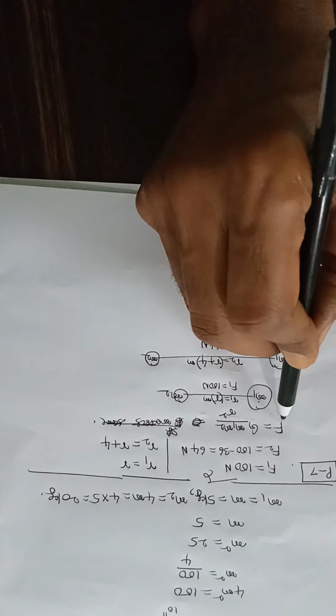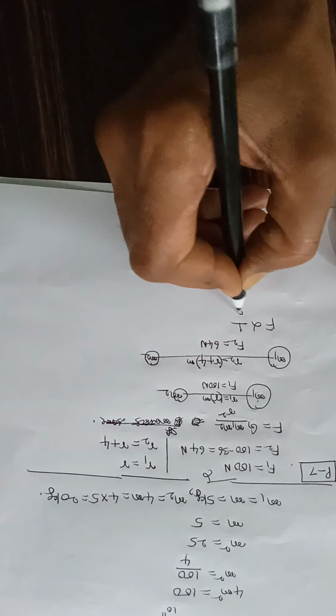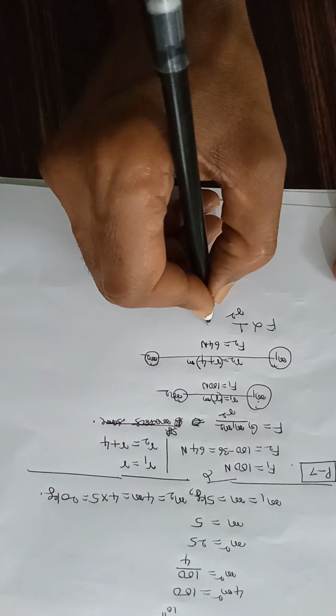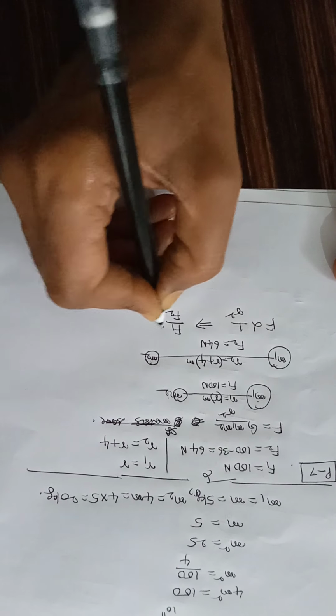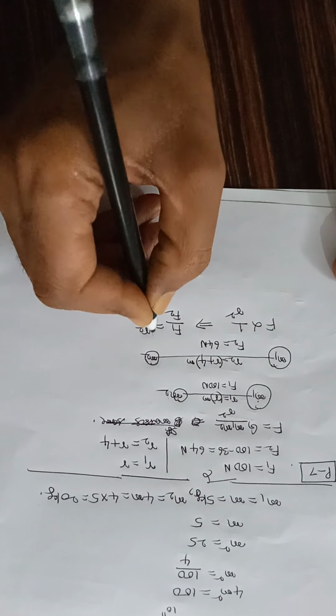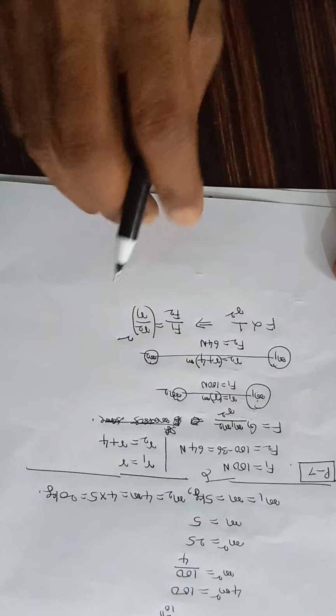So what is the relation between force and distance? F inversely proportional to r square. So this implies F1 by F2 is equal to R2 by R1 square, because it is inversely proportional.